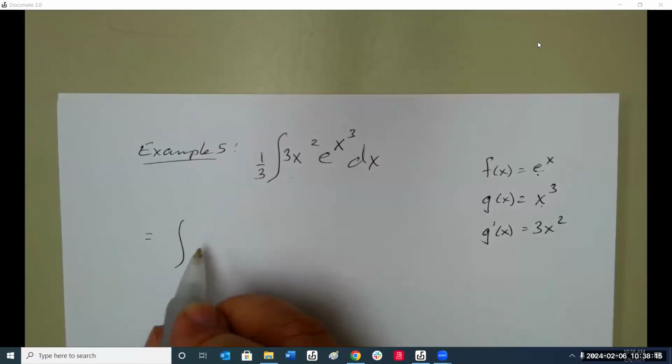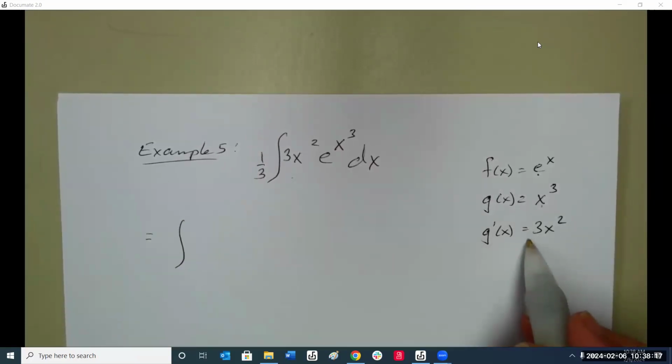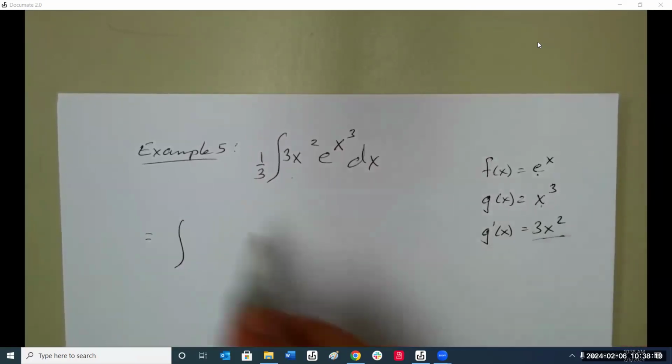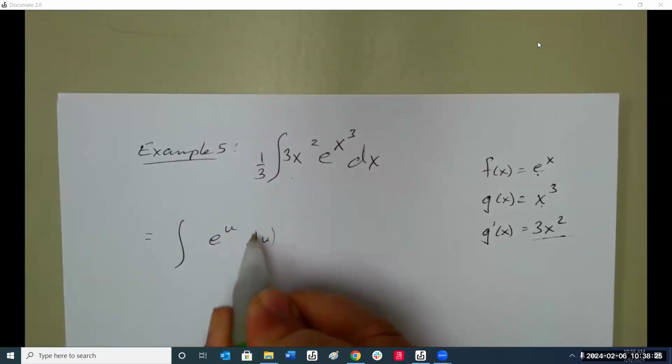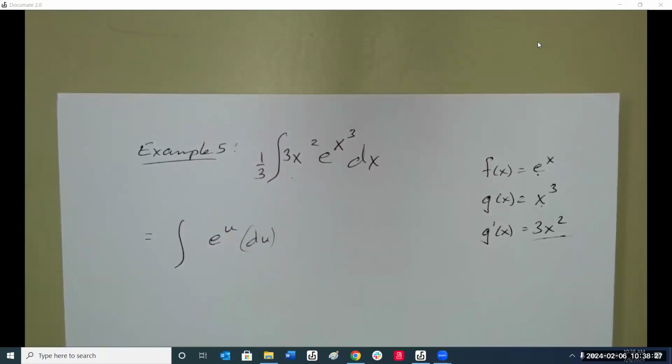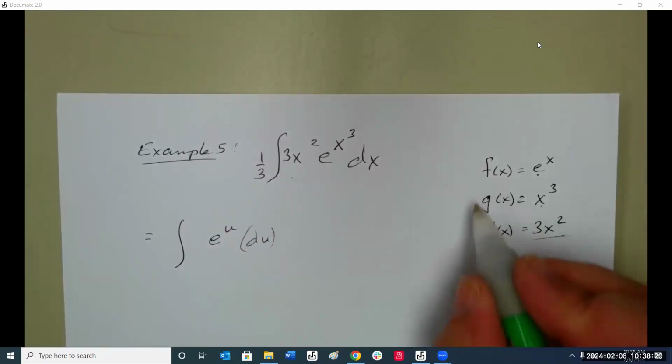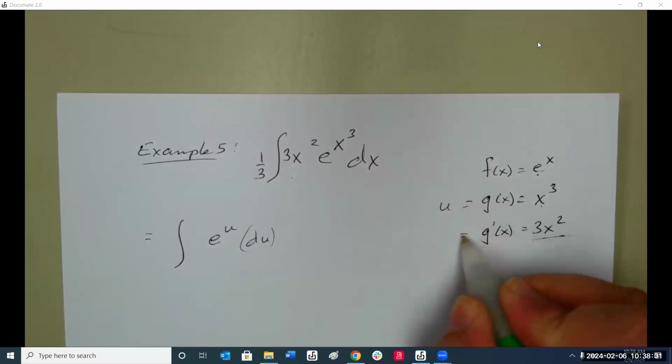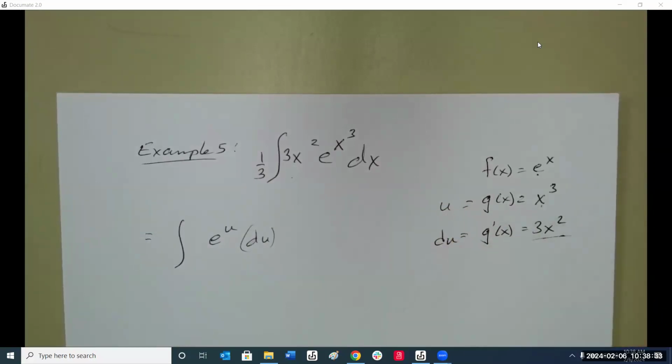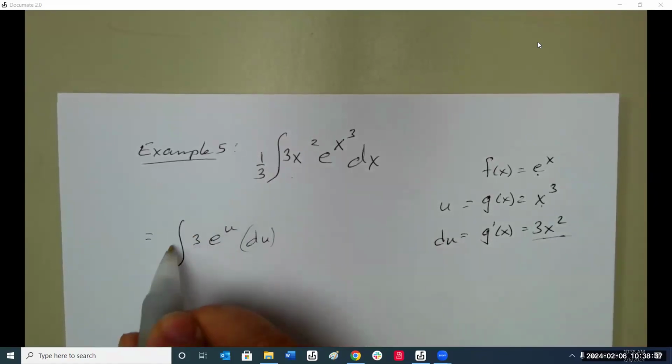So this may make it a little bit easier because we don't have a du. We have e to the u. Because the g of x is u and the du is g prime of x. So that's where I have to put a 3 right there.